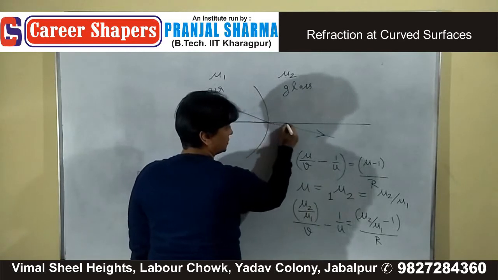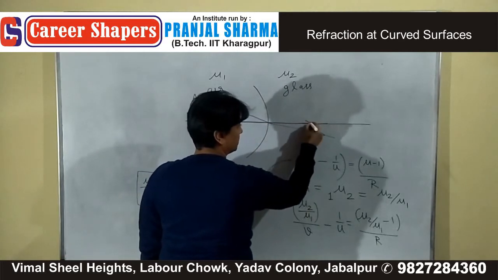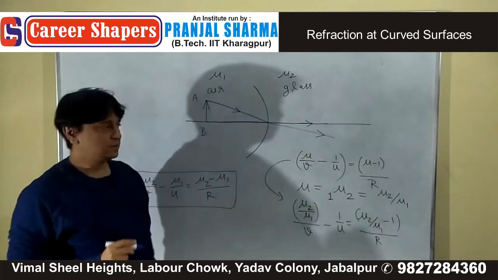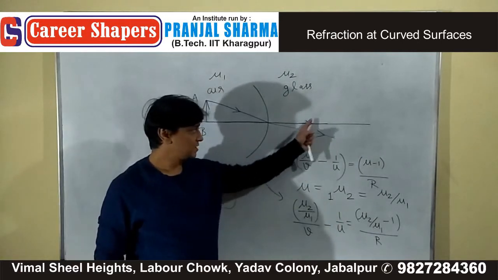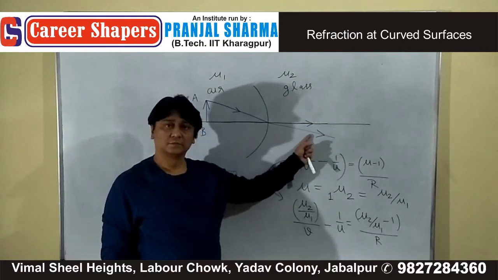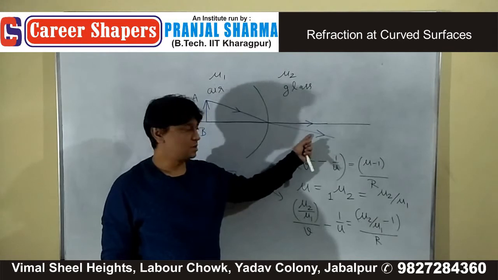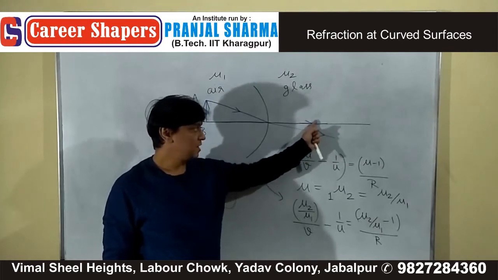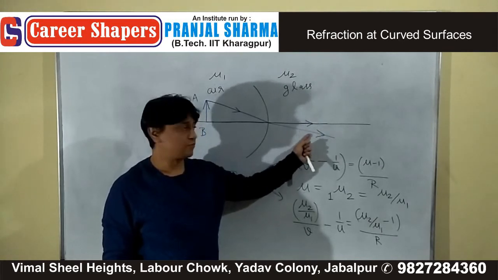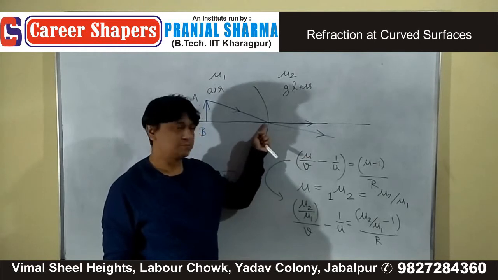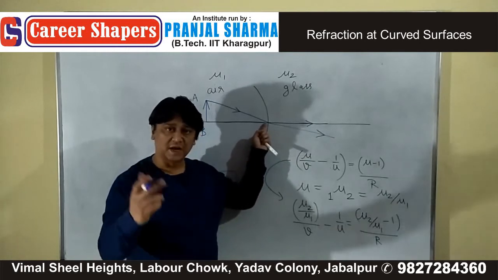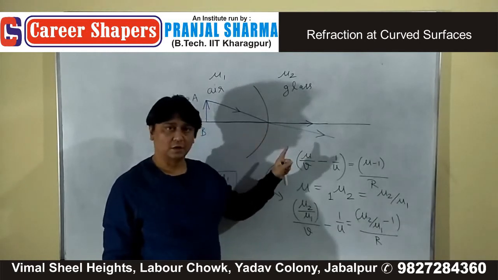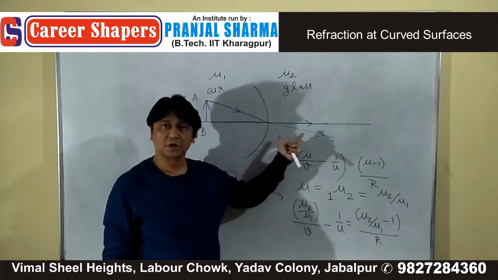It will move like this, and then they say that we have got two refracted rays and we need to find the intersection point. If you look at the intersection point of these two refracted rays, it takes place at this position, which is the optical center. But this argument is not correct.